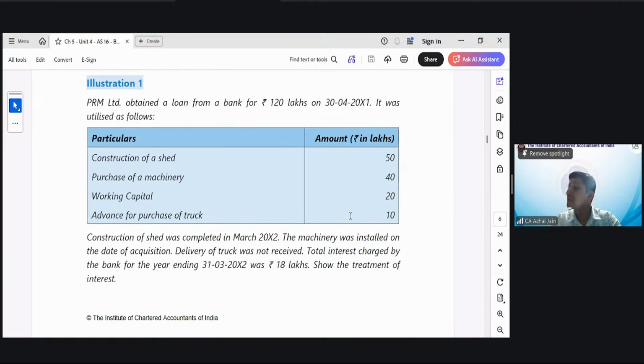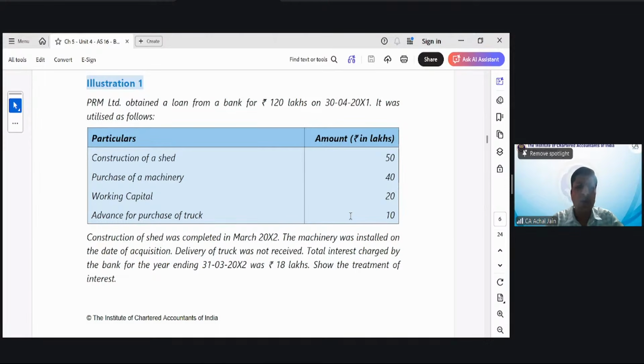And the good part in the question is you are not required to calculate the interest amount. It is already calculated for you. So what do you have on the interest part? 18 lakhs for the year. Now you are required to comment on the accounting treatment.